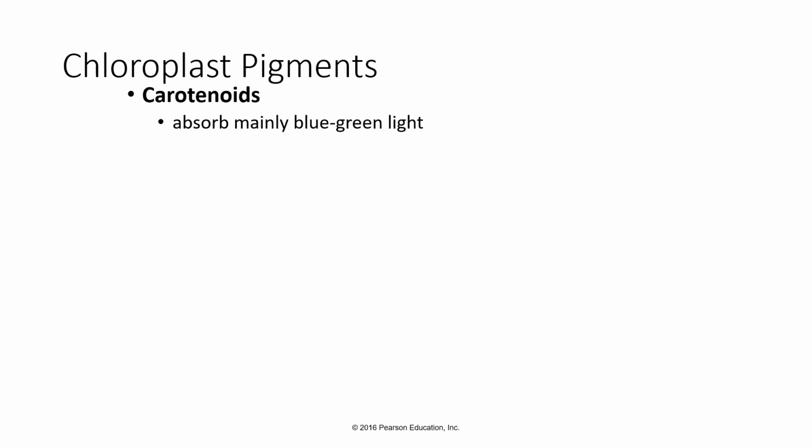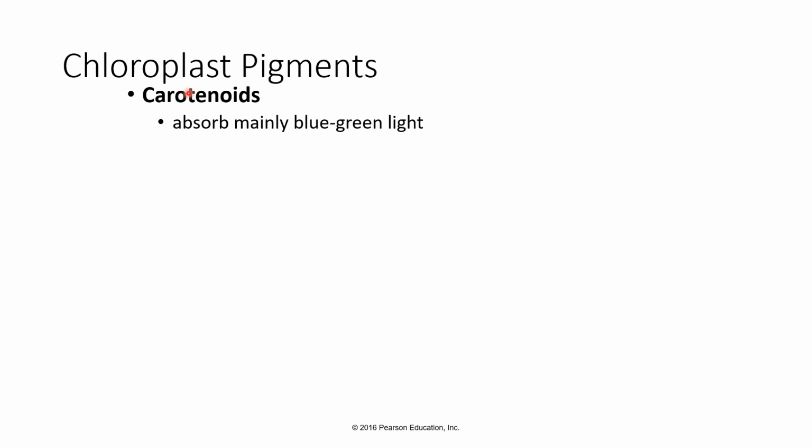Now during the fall, the chlorophyll pigment starts to break down, and there's another pigment that's found in the chloroplast of the plants known as carotenoids, and that's why during the fall the leaves start turning reddish and yellowish in color.